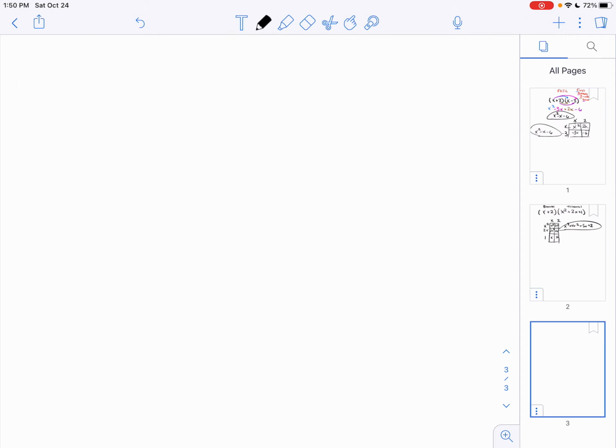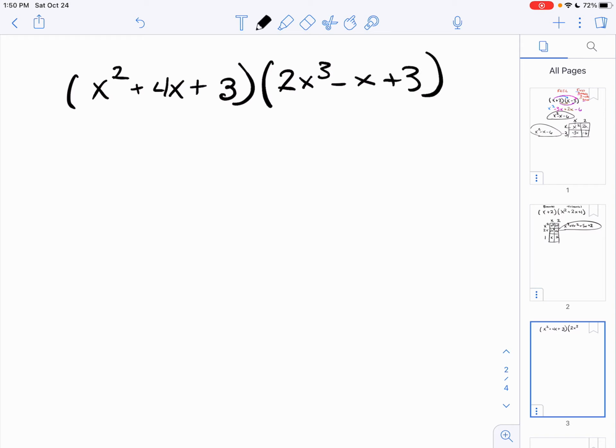The last one I want to do, we're going to multiply two trinomials together. So we get something like this. Once again, the tabular method.